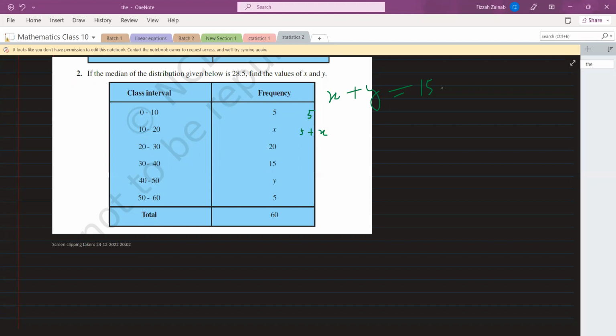So put x here and get y. Seven. Yes, y is 7.